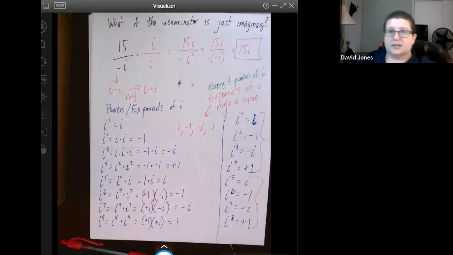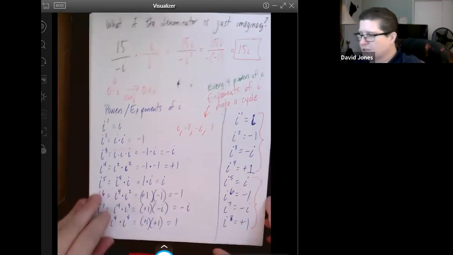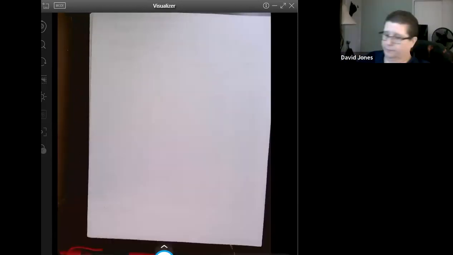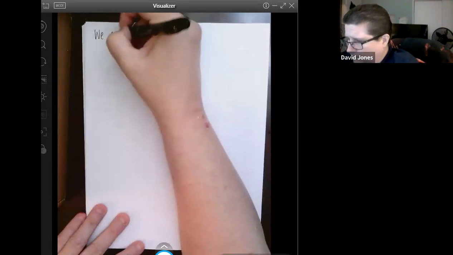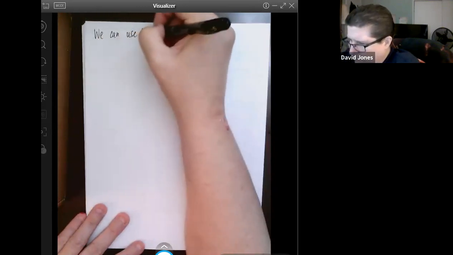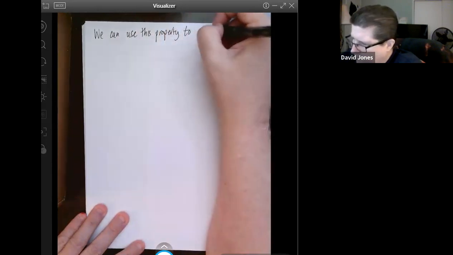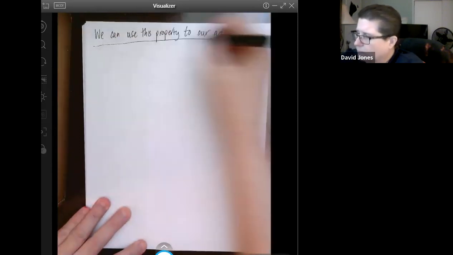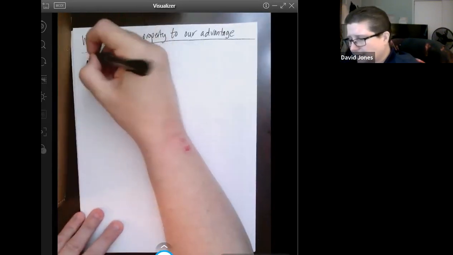Which allows us to shortcut stuff. I'll give you an example. We can use this property to our advantage. Let's say we've got i to the 17th power.